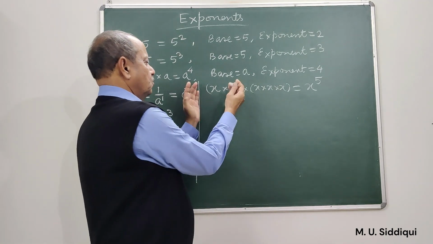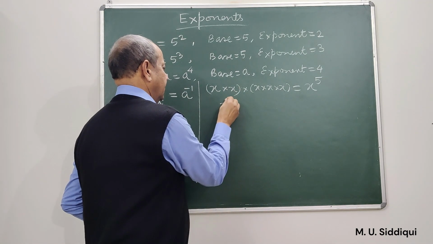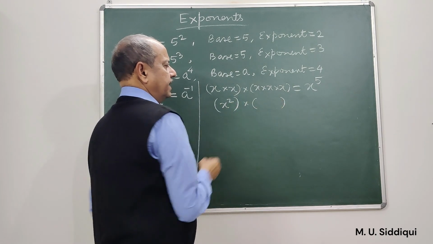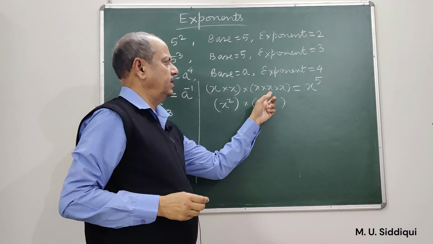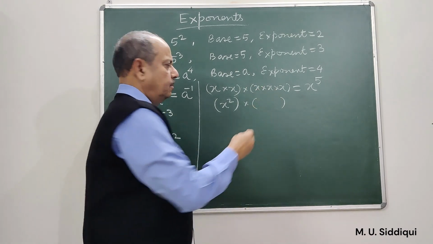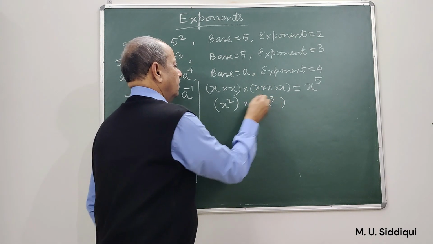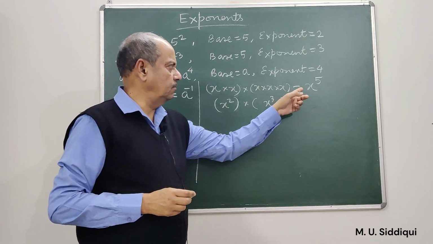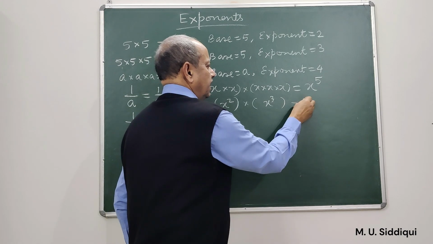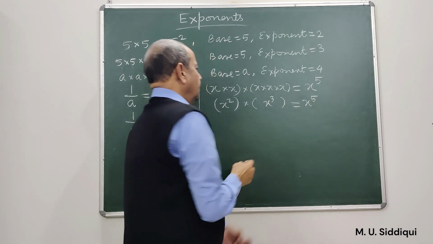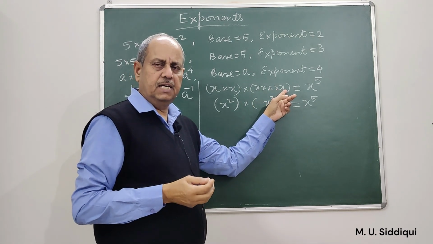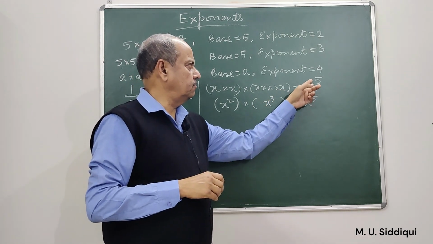If you consider them as one pair, this can be written as x square multiplied with this bracket, x into x into x or x cube. So we are multiplying x square with x cube. And what result do we obtain? We obtain x to power 5, because x into x into x into x into x was multiplied 5 times with itself.